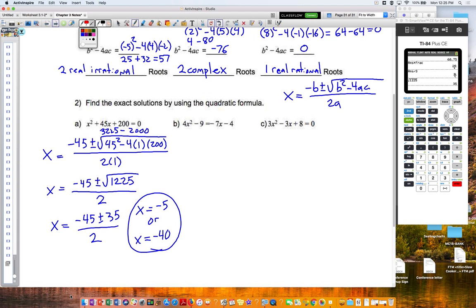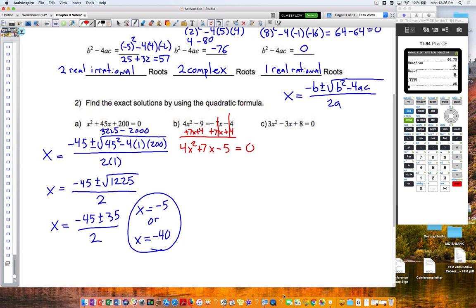All right, let's do number 2. In order to do number 2, we got to get it all to one side. So I need to add 7 and add 4x to both sides. So I get 4x squared plus 7x minus 5 equals 0. So all of this crosses out.